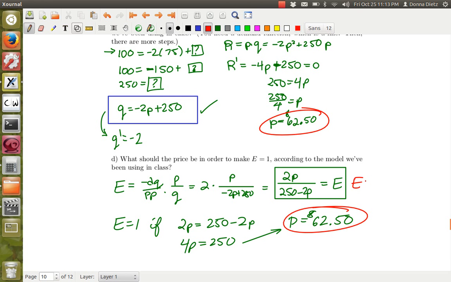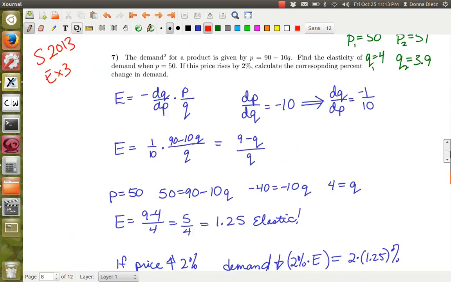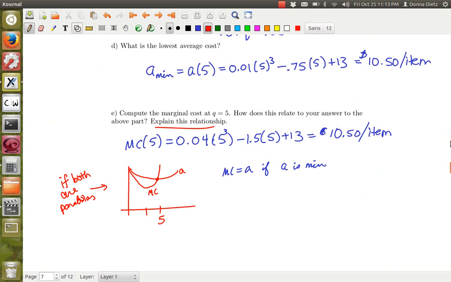E equals 1, and R is maximized at the same price, because it's two ways of talking about the same thing, as opposed to, where was this graph? Marginal cost and average cost are equal when average cost is minimized, right? But it's special. It only happens at this one point, right?